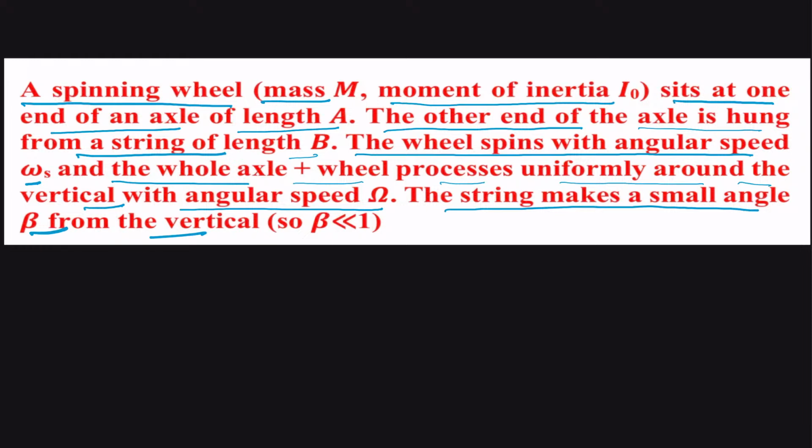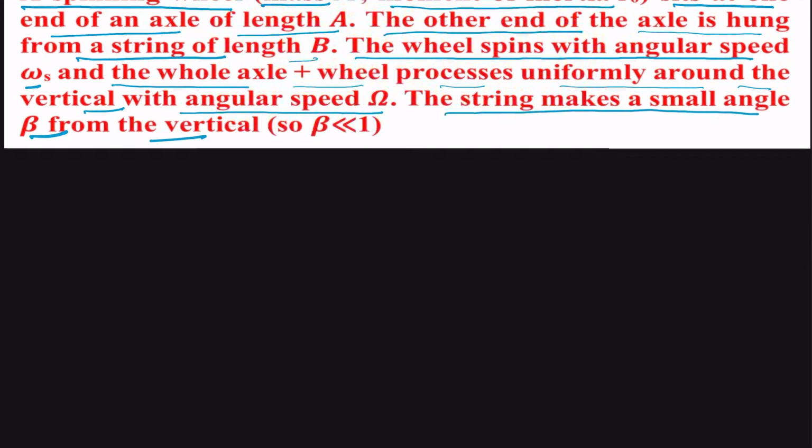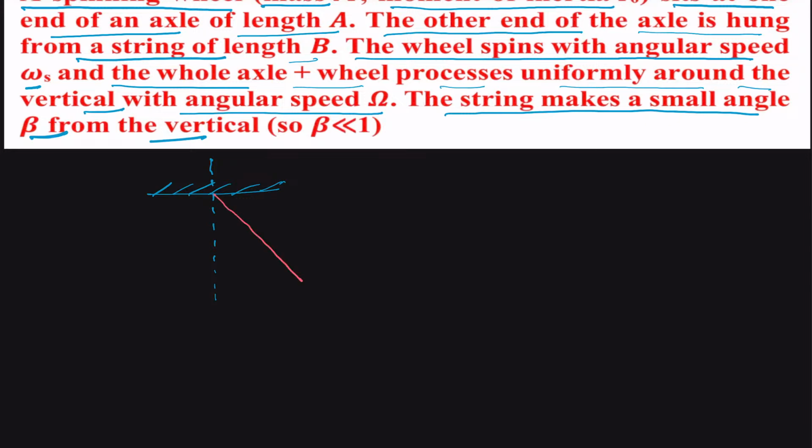And for that we can just draw the figure. We can draw just an approximate figure. So let us suppose this is our top ceiling and this is the vertical, and we have a string which is at an angle of beta to the vertical, and to the other end of this string we have connected an axle.